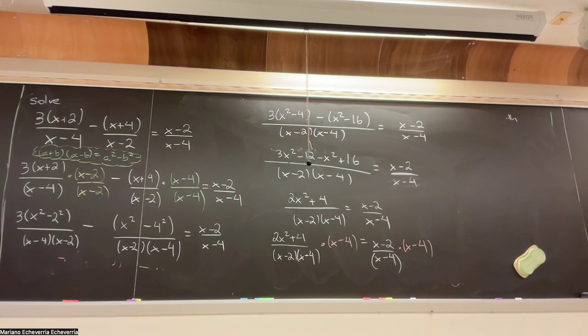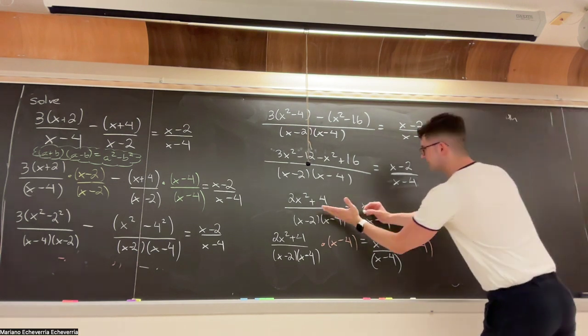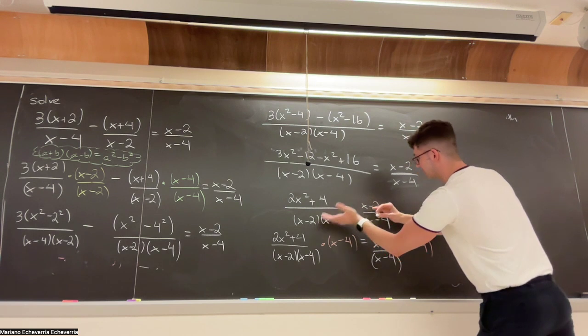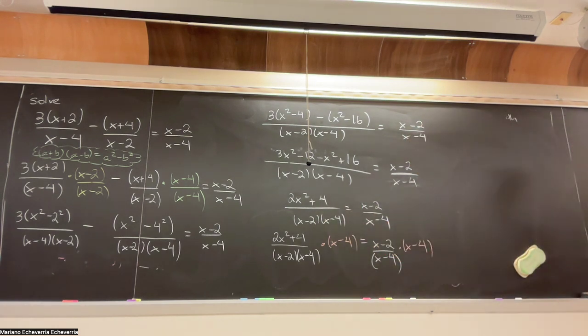So multiply by x minus 4 to cancel it, if you want to think about it that way. It's one of the properties: if one of the denominator factors appears on both sides, then you can remove it.